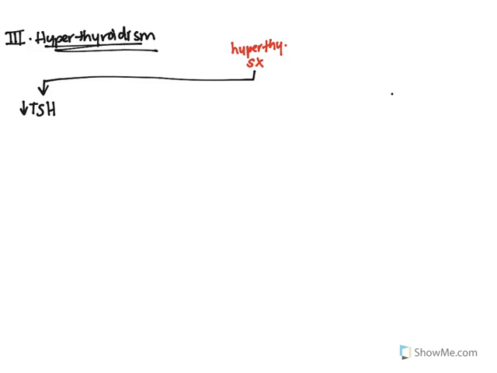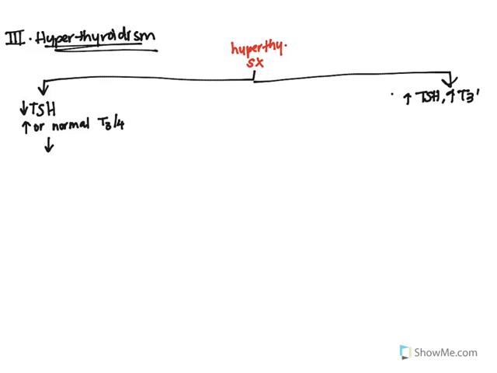If you happen to get a T3, I'll tell you what that shows. You're either going to see a low TSH or high TSH. If the TSH is low, it'll be associated with a high or normal T3, T4. The other outcome could, of course, be a high TSH, which will come along with a high T3, T4.